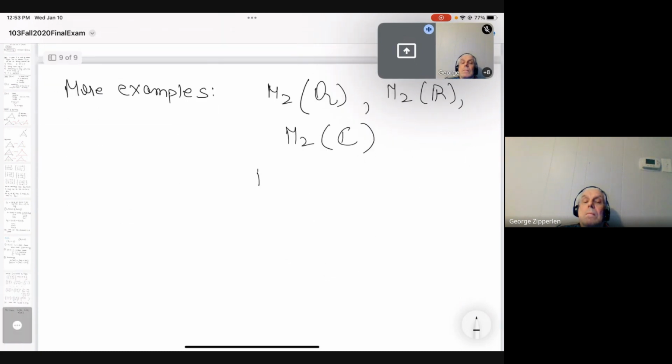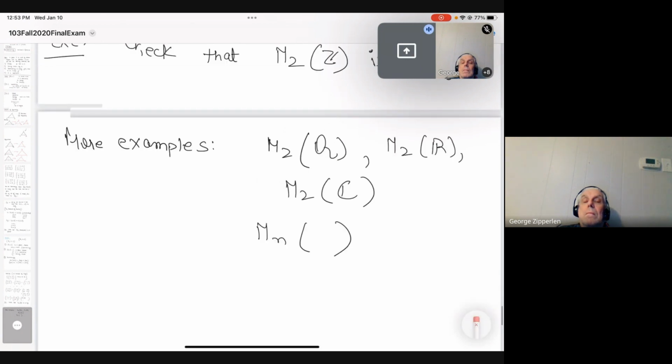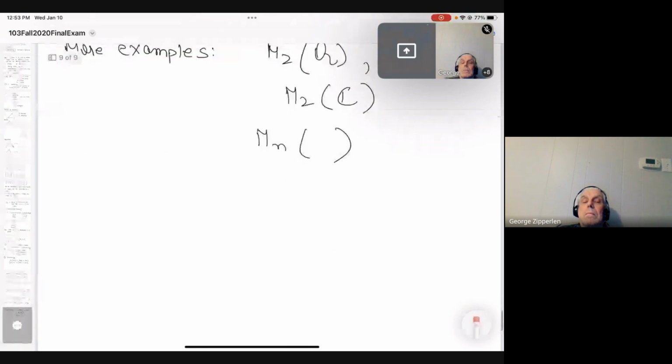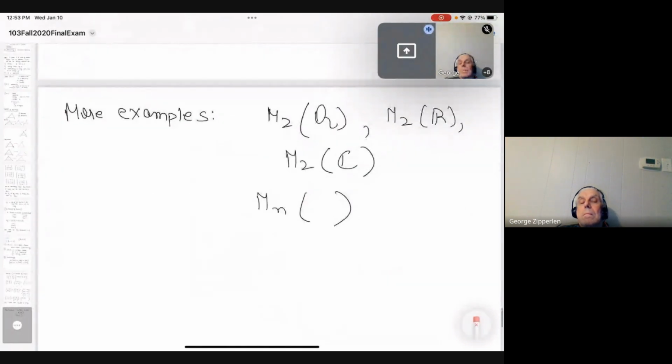You can take 3 by 3, or even better, n by n with appropriate entries of your choice. They will also be examples. So after you're done with the previous exercise, if you want to try this, check that n by n matrices, where n is any size, not just 2 by 2, form a ring.